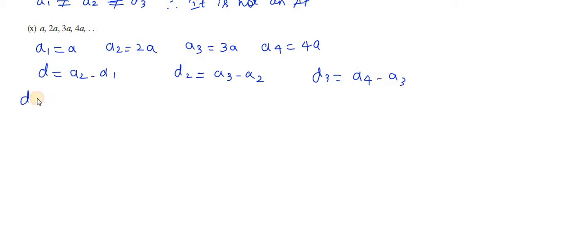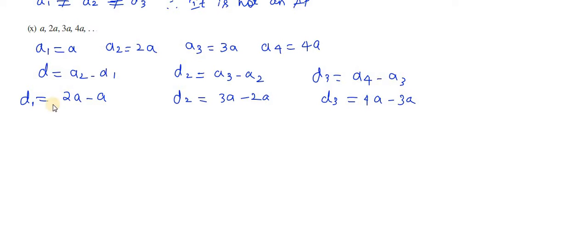So d1 is equal to a2, that is 2a minus a. So d2 is equal to a3, that is 3a minus 2a, and d3 is equal to 4a minus 3a.